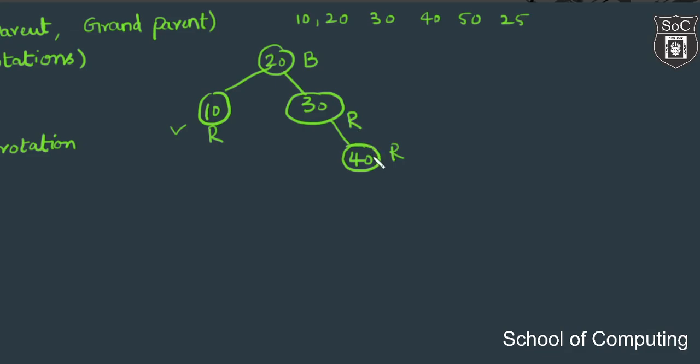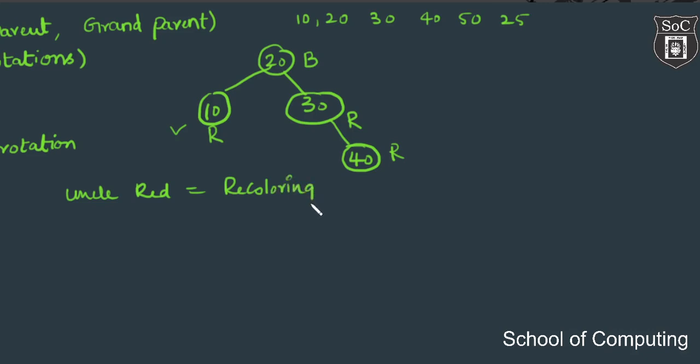Now I need to check who is uncle of 40. In this case, for 40 there is an uncle. Uncle definition is sibling of parent. 40's parent is 30, sibling is 10, and uncle is existing now. What is the color of uncle? Uncle is red, and you know very well, when uncle is red, we have to do recoloring.